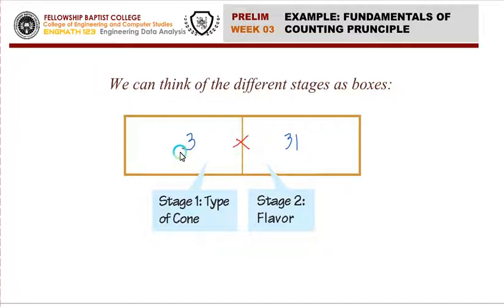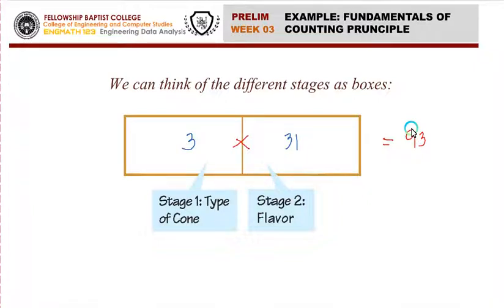So we have 3 times 31, which is equal to 93. That means we have 93 ways of choosing a single scoop of ice cream cone at this specific store we are considering. That is a very simple problem applying the concept of the fundamental counting principle.